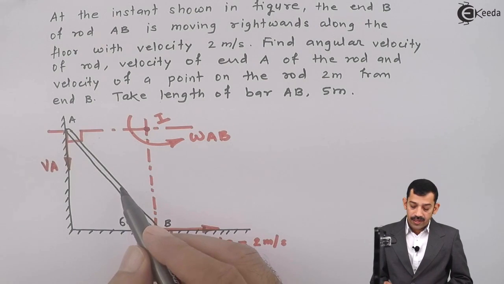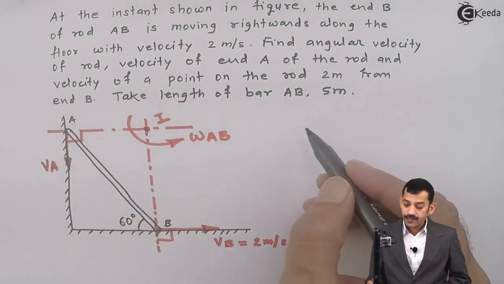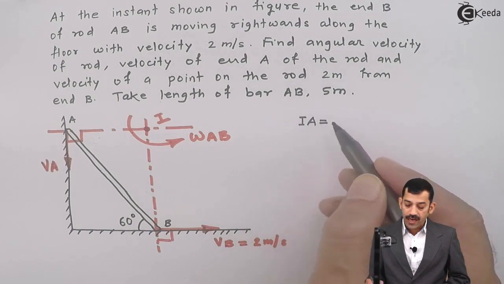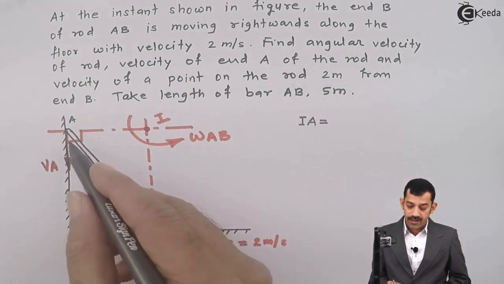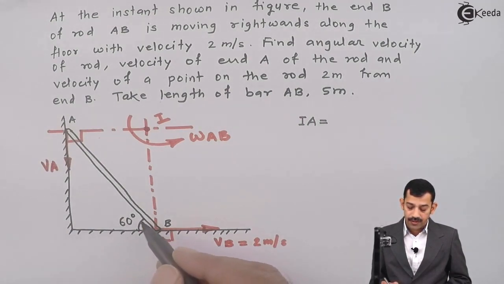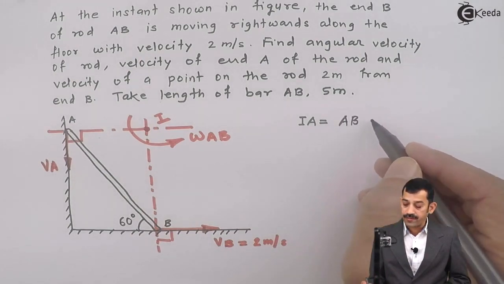AB is 5 meters long. The horizontal side IA, which is adjacent to the 60 degree angle, is AB cos 60.